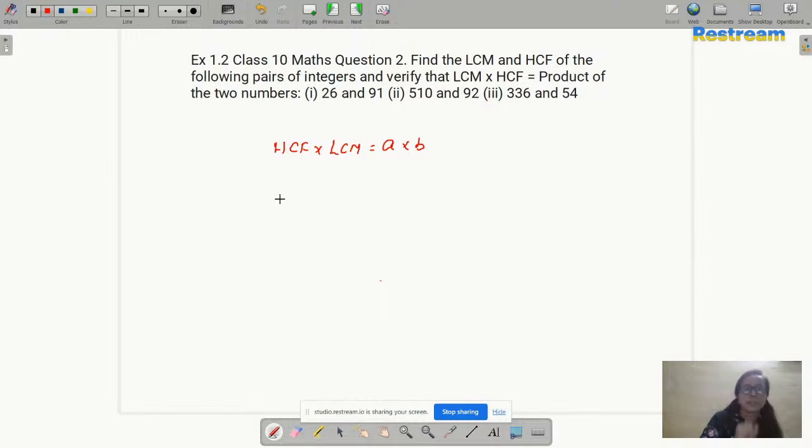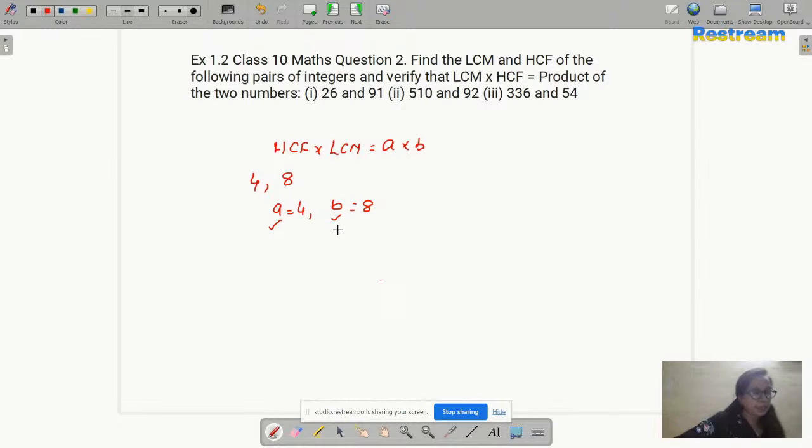Actually, what is the meaning of this relationship? Simply I'll take two numbers, children: 4 and 8. So A is equal to 4 and B is equal to 8. The first number is A, that is 4, and the second number is B, that is 8.